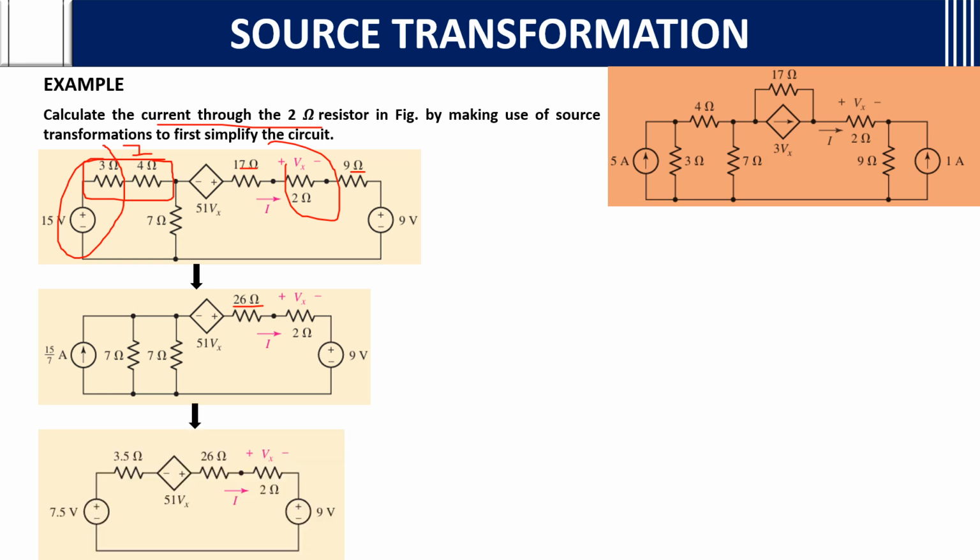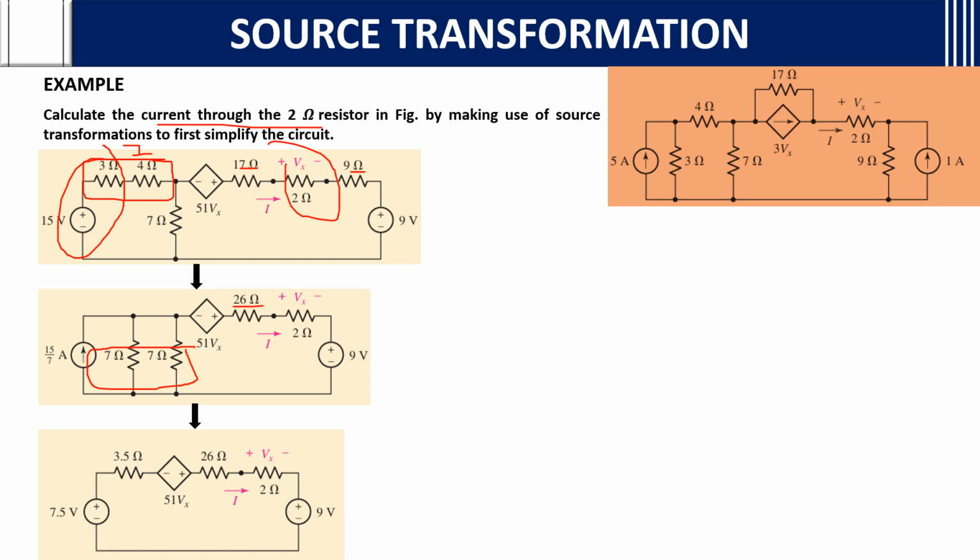Then after that, the 7 and 7 are in parallel, so we are not going to convert but calculate the parallel resistance, so that we can write it in series form.